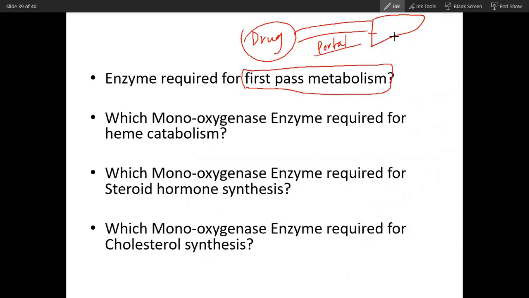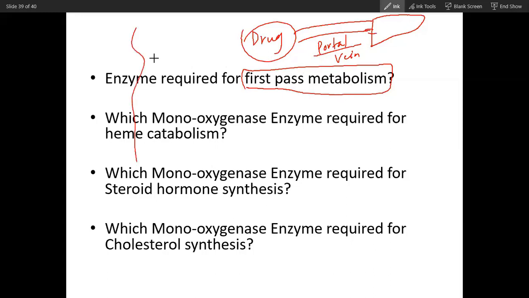Will it go through liver directly through portal vein after absorption? At least reply anything. Don't be quiet. No.